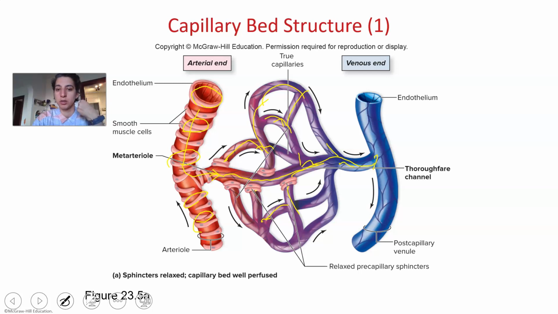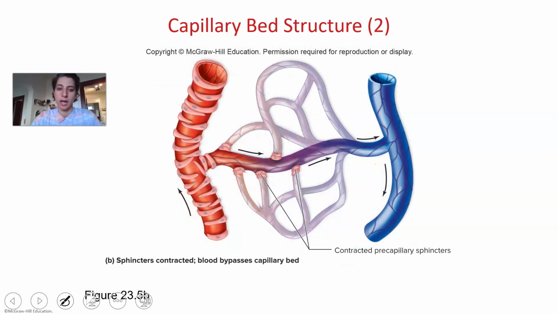Okay, those are circular smooth muscle that can constrict and push blood more quickly through this thoroughfare channel, so it's shunting blood from that capillary bed, right? So if your sphincters are contracted, blood is going to bypass that capillary.